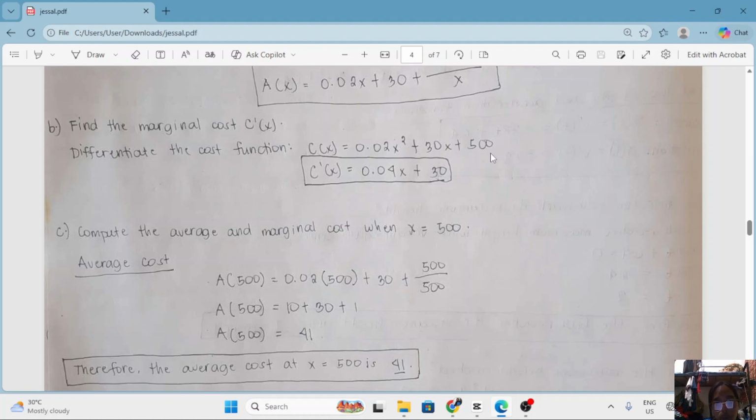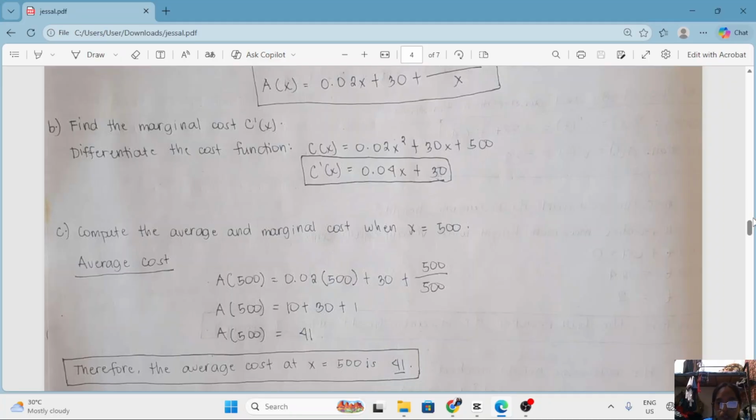If we perform this, we attain C prime of x is equal to 0.04x plus 30, because 30x will become 30, and 500 will become 0 from the constant rule.